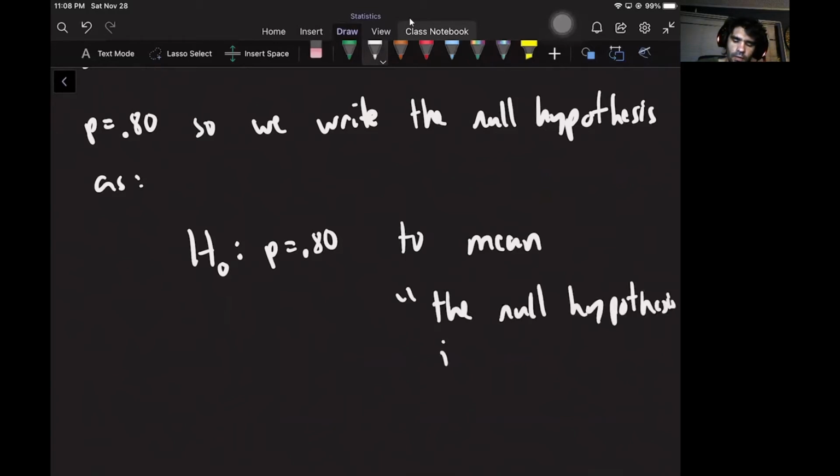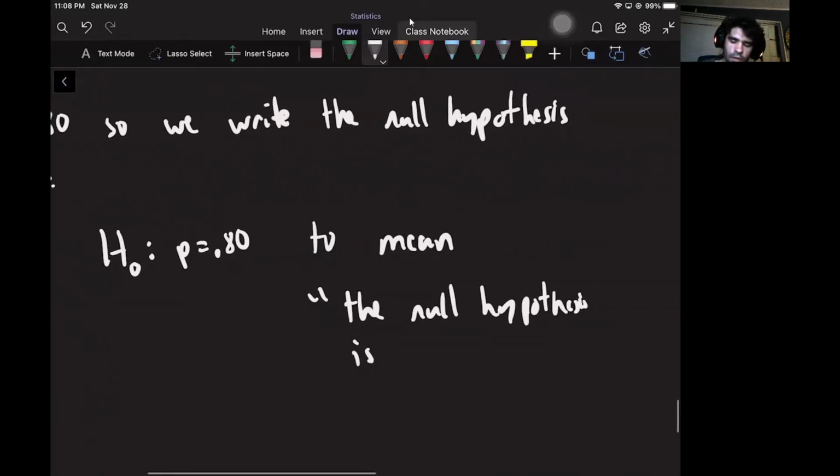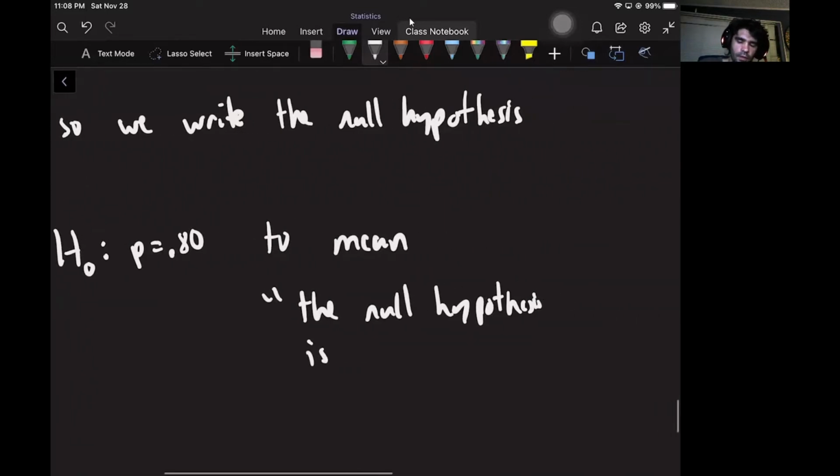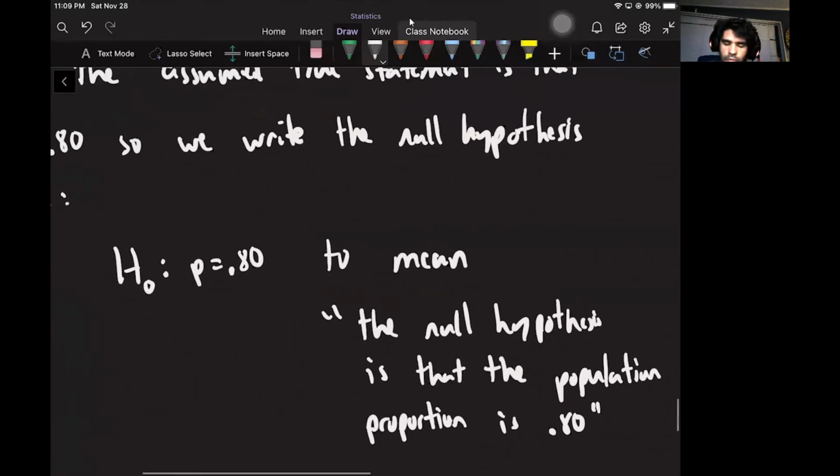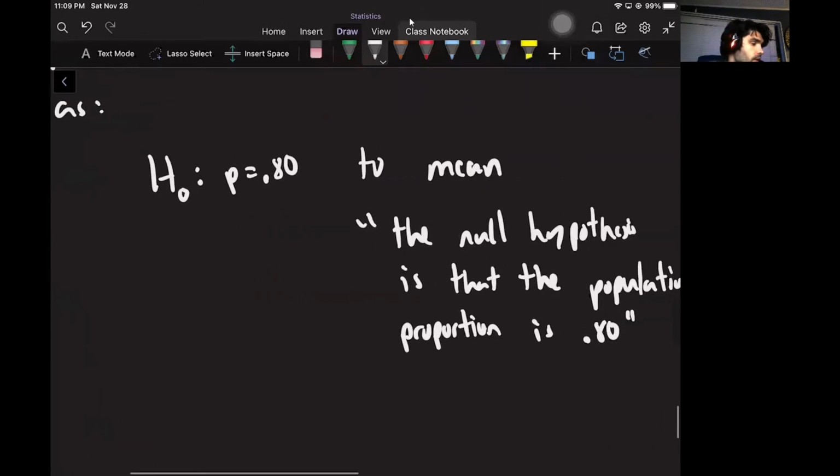It's good to write out things in words, though, because they help you see what's really going on. So this really means that the null hypothesis is that the population proportion is 0.80. That's what this is really saying in a very quick way.